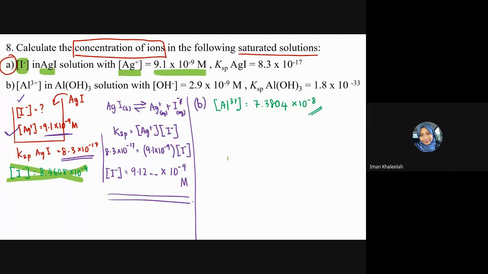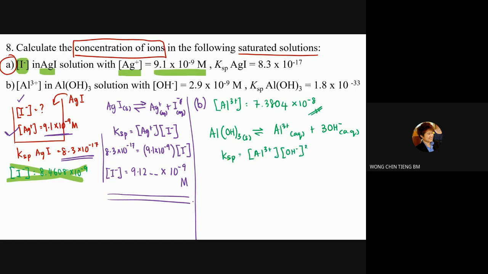Okay. Alright. So over here, the trick of this question yang sangat berbeza adalah you will realize the moment you start writing the equation. Okay? When you start writing the equation, you will realize your aluminium 3 plus right now akan balance dengan 3 OH minus aqueous. And the trick over there is when you write your KSP formula, you realize that your OH minus kena kuasa 3.